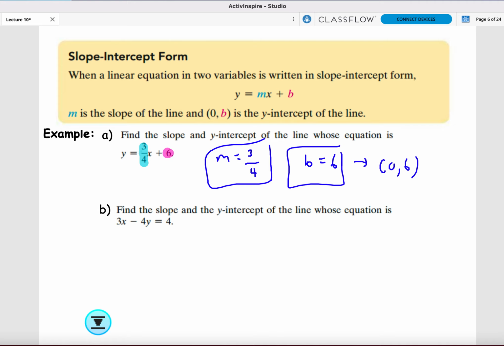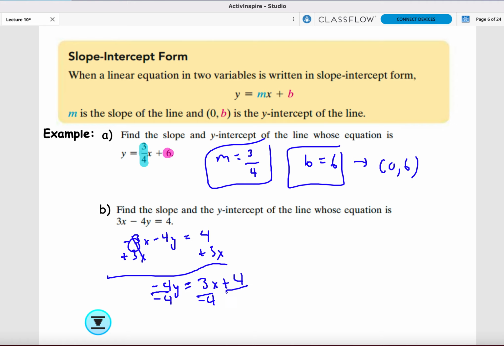Now here in b, we have 3x minus 4y equals 4. Uh-oh. The reason why we can't just do this is because it's not y equals, right? We don't know what m is or b is. So we take this equation and solve for y. So we have 3x minus 4y equals 4. Let's move the 3x over here. This becomes 0, so we get negative 4y equals negative 3x plus 4, because it's mx plus b. I'm going to divide both sides by negative 4.